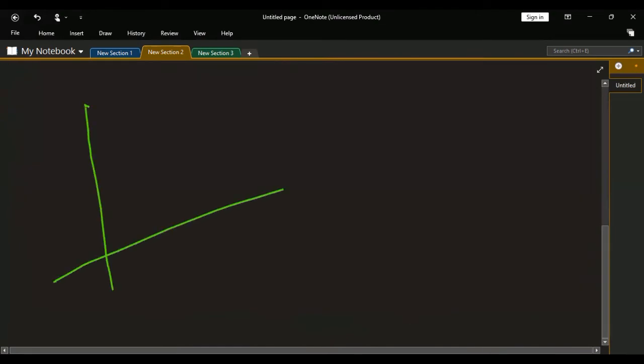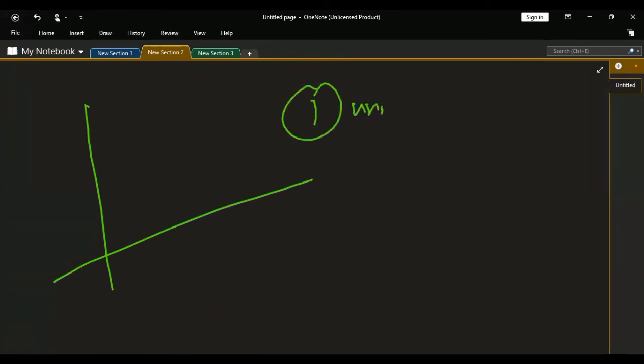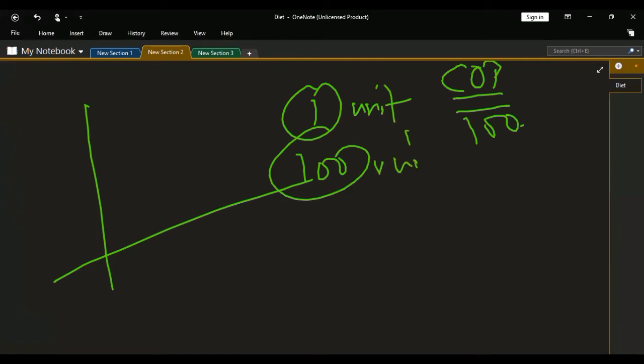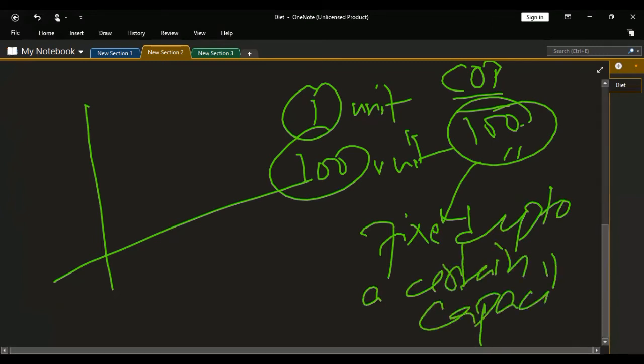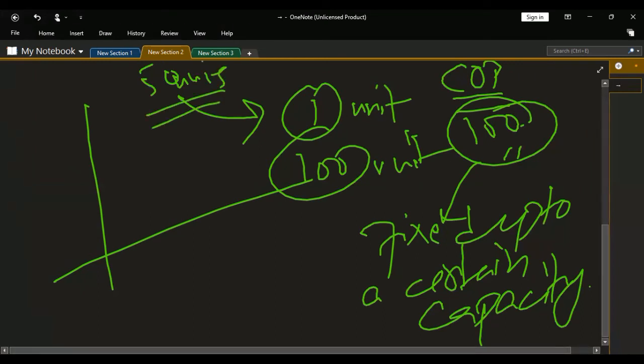What is this law? This law says that if you produce 1 unit, your cost of production is 100. And if you produce 100 same units, your cost of production will remain fixed up to a certain capacity. So, if there is demand for 50 units, they can be produced at the same cost of production.